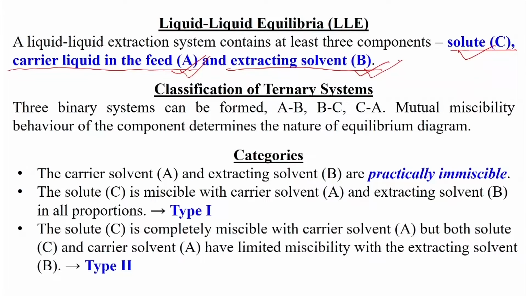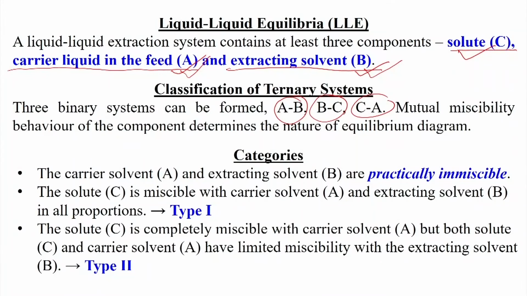Now we need to understand the classification of the ternary system. Suppose we have A, the carrier solvent, B, the extracting solvent, and C, the solute. Out of these 3 components we have 3 binary systems: AB, BC and CA.